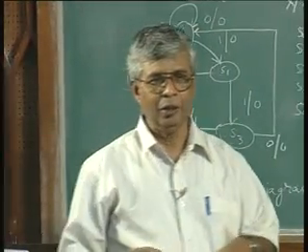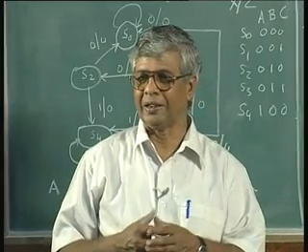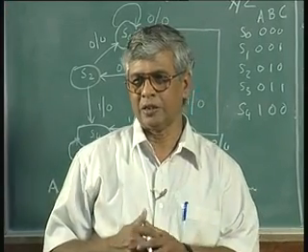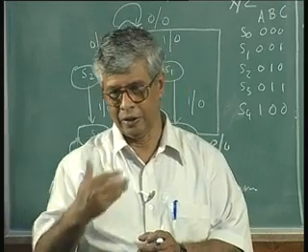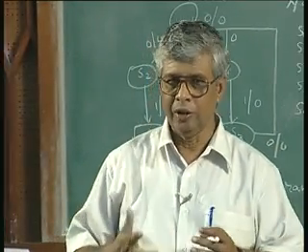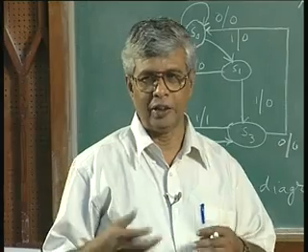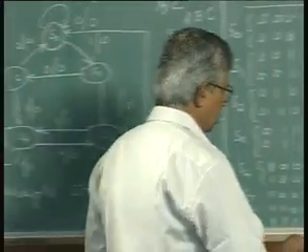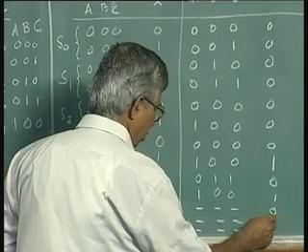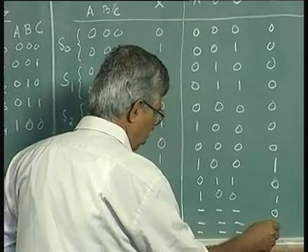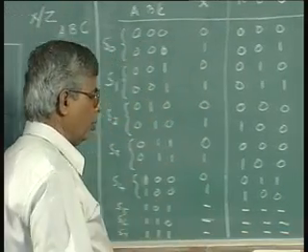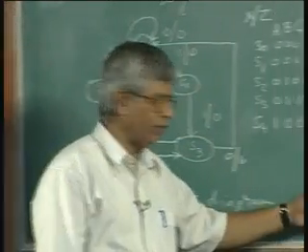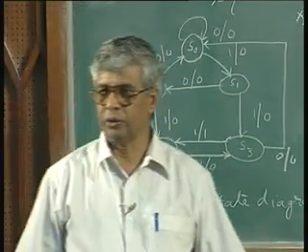It is not that people don't think about these things, but you can learn some of them a little later once you are familiar with the basic things. These come when you do practical design. Anyway, coming back to this, we will put all outputs 0 to start with. For now, we will use the standard rule we have been following, that all outputs of undefined states will be zeros.